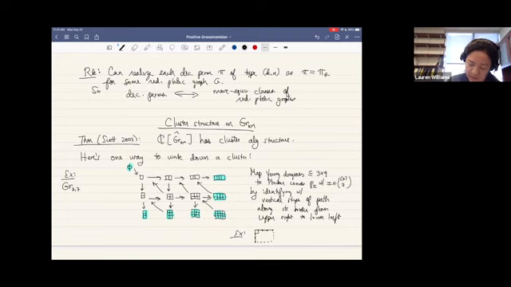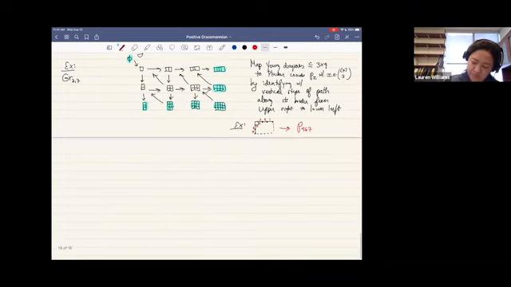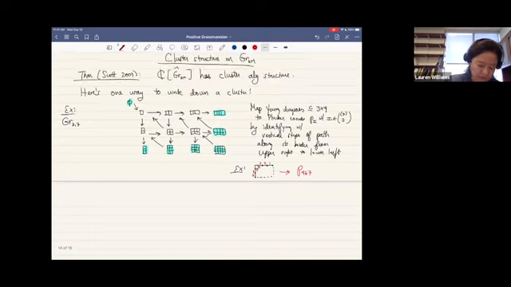And now I will label the southeast border, and I will map it to the Plücker coordinate whose 3-subset corresponds to the vertical steps in that path. Okay, so this is the easiest way to write down one seed for the cluster algebra.